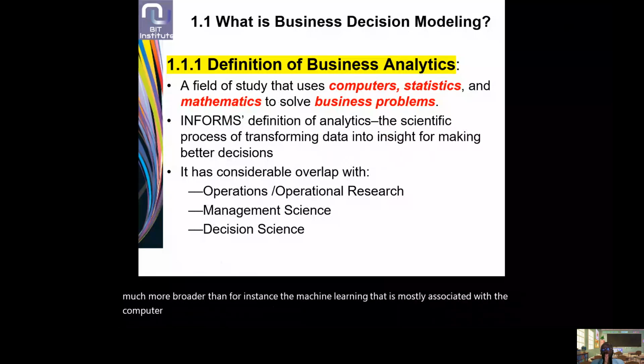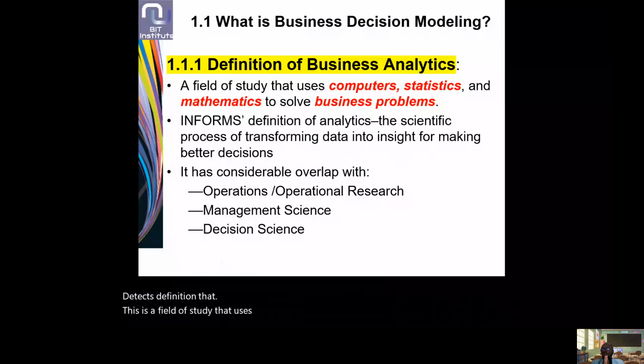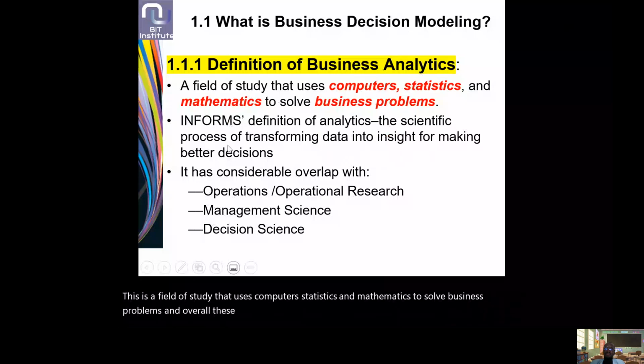So in our context, to enhance your understanding, we can adopt the text definition that this is a field of study that uses computers, statistics, and mathematics to solve business problems. And overall, these three provide the scientific process that helps in transforming data into insight for making better decisions.